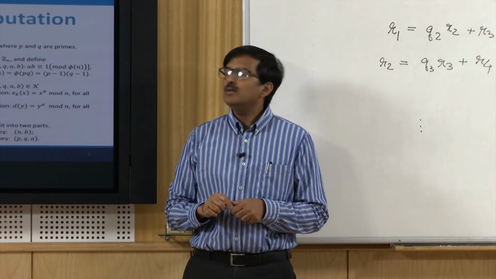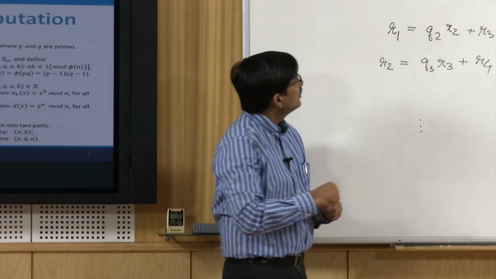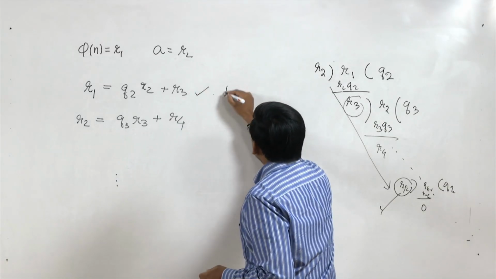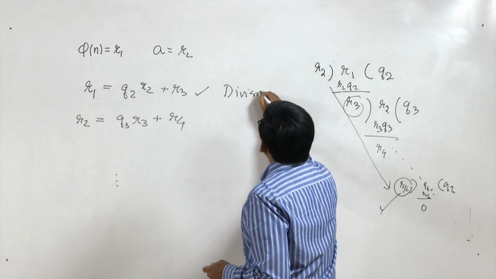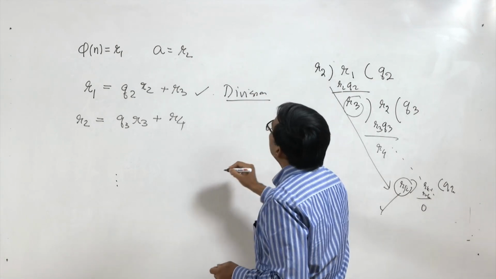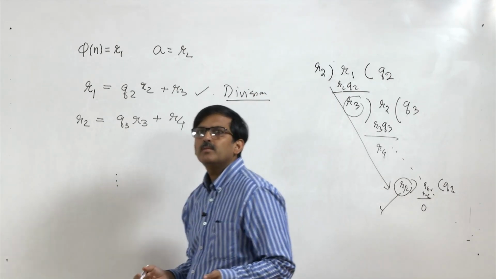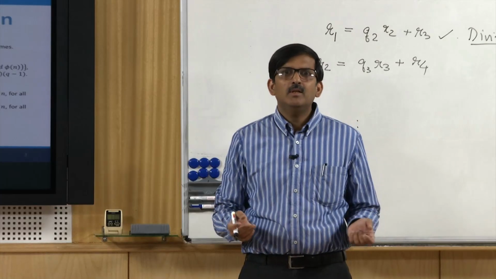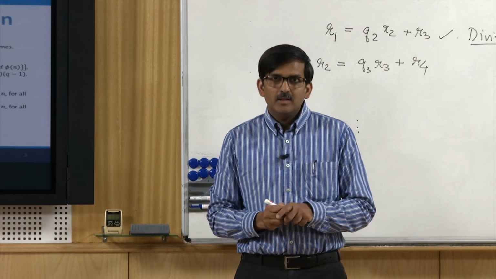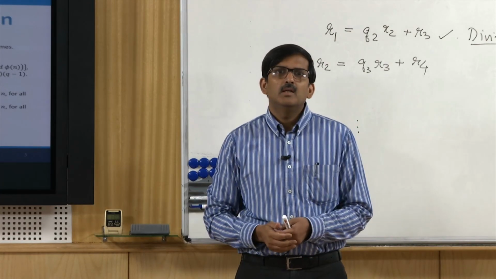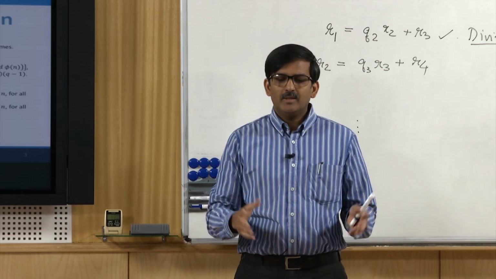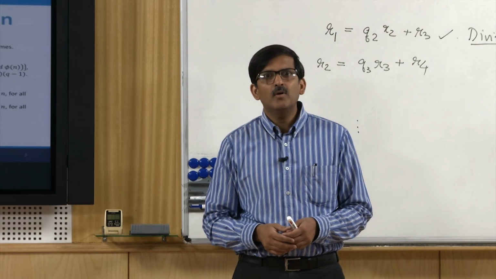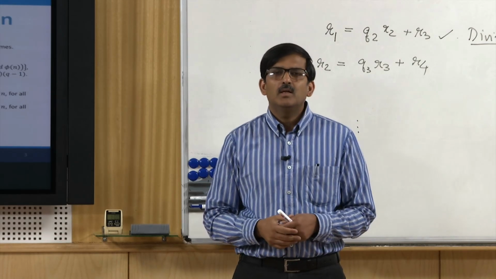Now, if you look at the complexity of computation at each step, we have a division, and we know that division can be done with the same complexity as multiplication, and the complexity of multiplication is the square of the number of bits involved in the individual numbers.